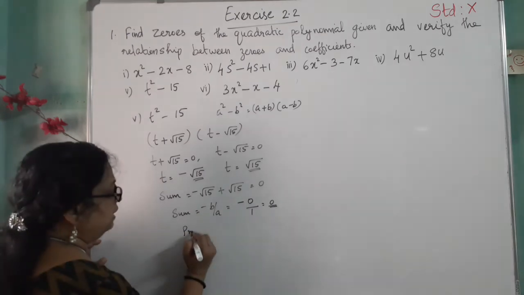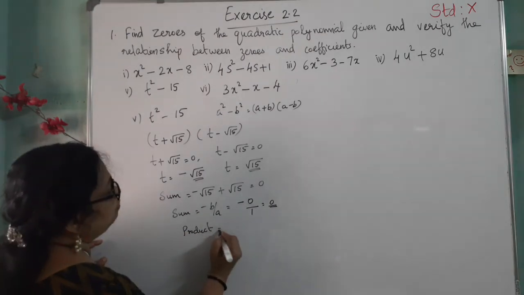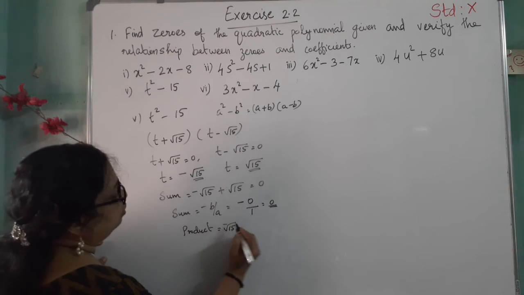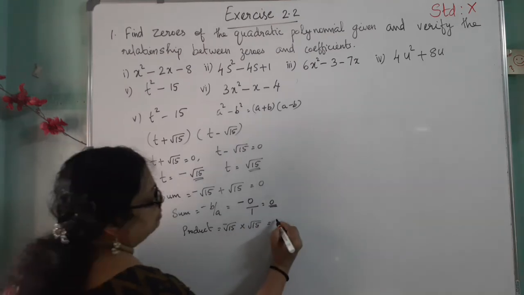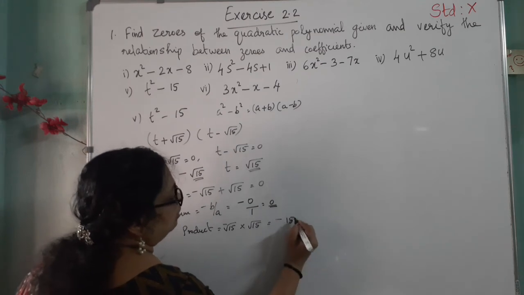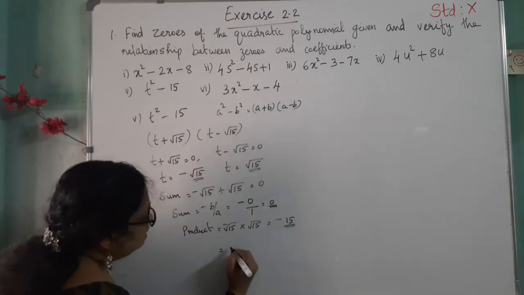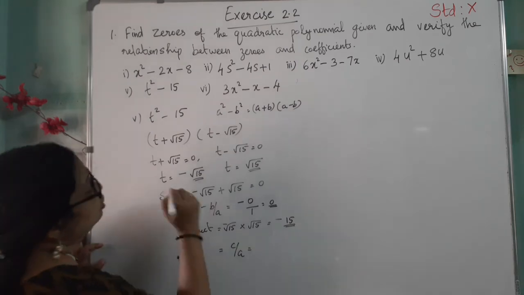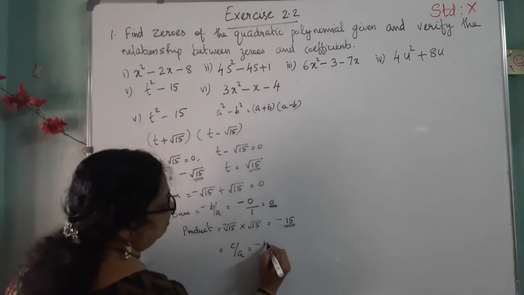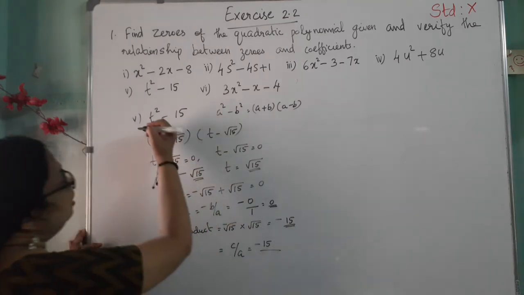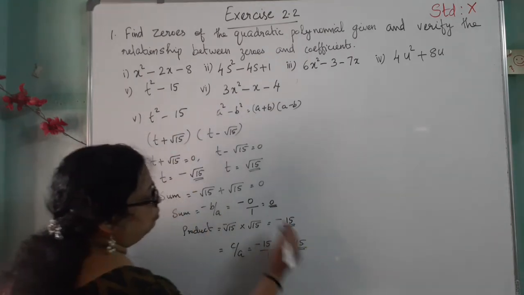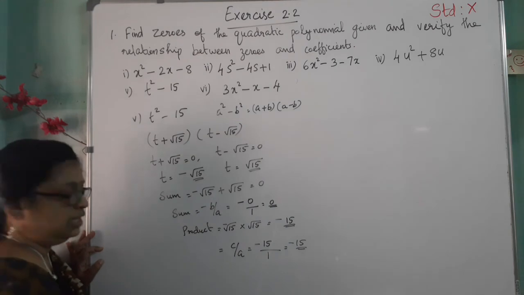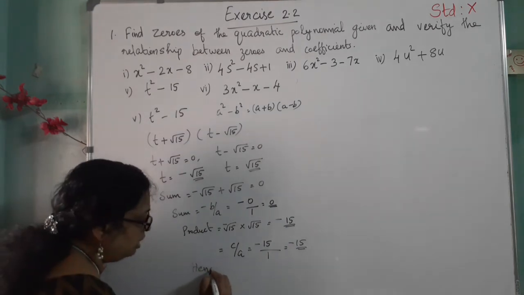Then product, we can check: product equal to minus root 15 into plus root 15, that is minus into plus, minus, and 15. Then which is equal to c by a, that is constant term. Here constant term is minus 15 divided by coefficient of t square is 1, that equal to minus 15. So both cases the sum and product are same. So hence verified.